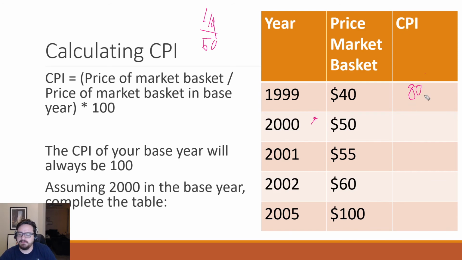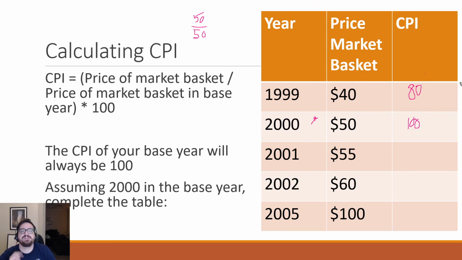What the heck does that mean? I'll show you. CPI of my base year will always be 100. So I already know this is 100, but if you want to know why it's always 100, if I'm trying to find 2000 CPI, I need the price of the market basket in 2000, that's 50. The price of the market basket in the base year, my base year is 2000, the price is 50. 50 over 50 is 1 times 100 is 100.